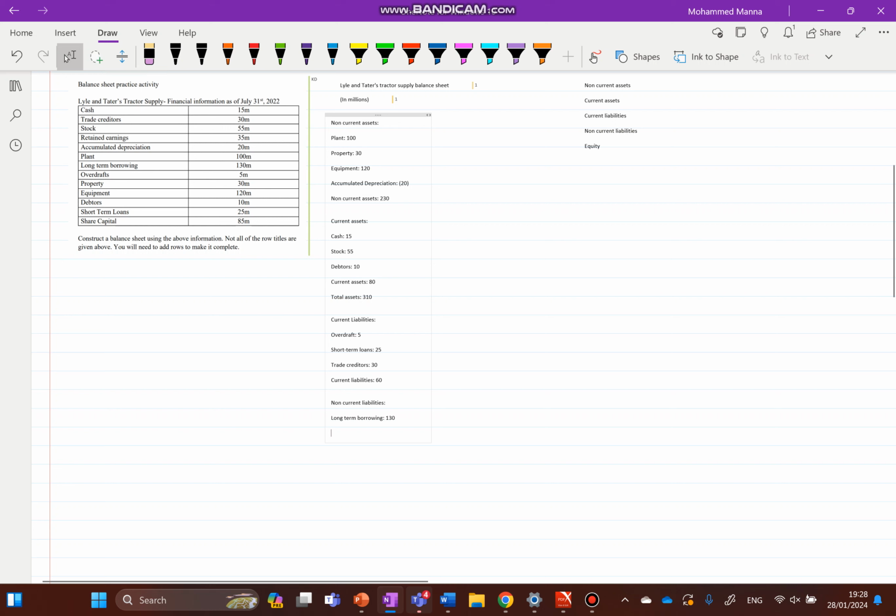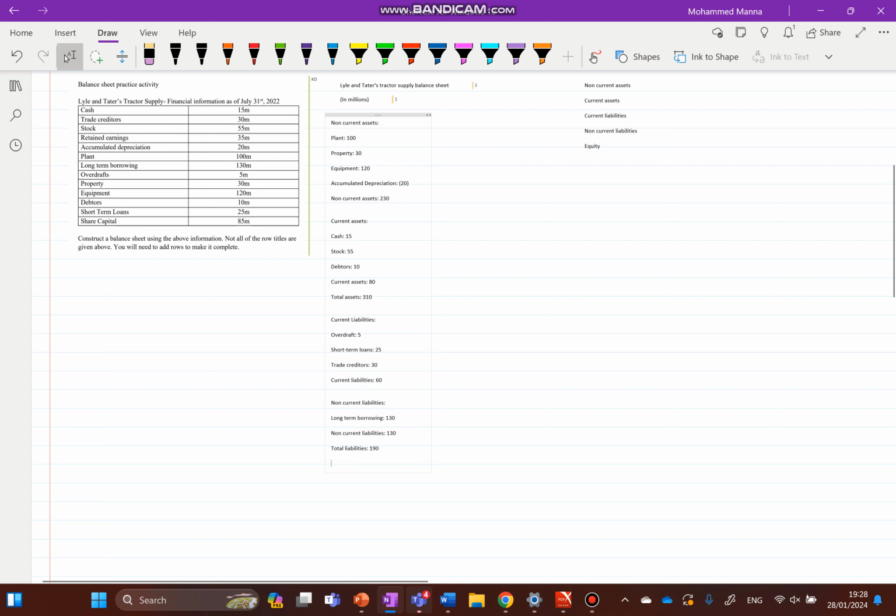So we just ended off with non-current liabilities 130. Add up the current and non-current liabilities, and 130 plus 60 would be 190. And you put total liabilities 190.